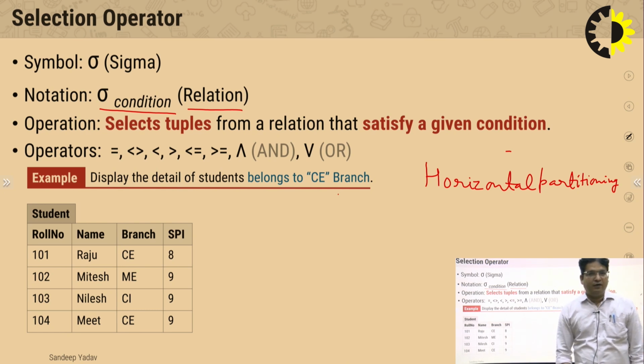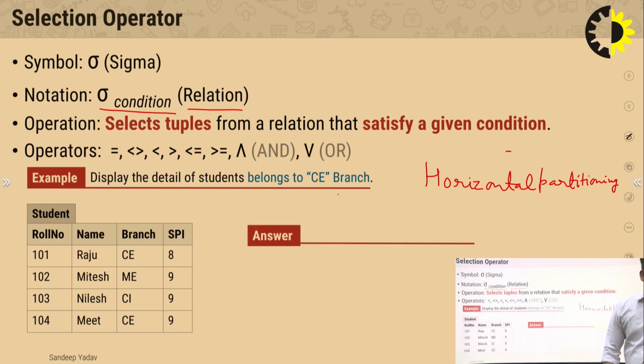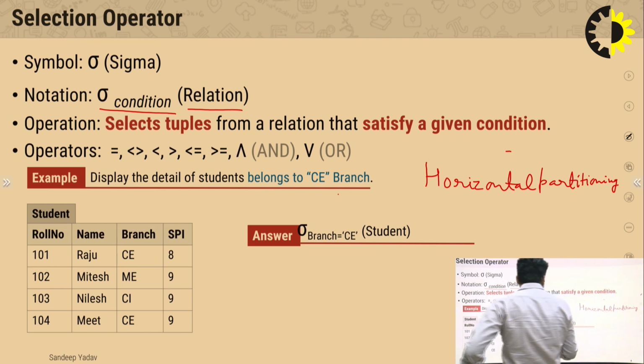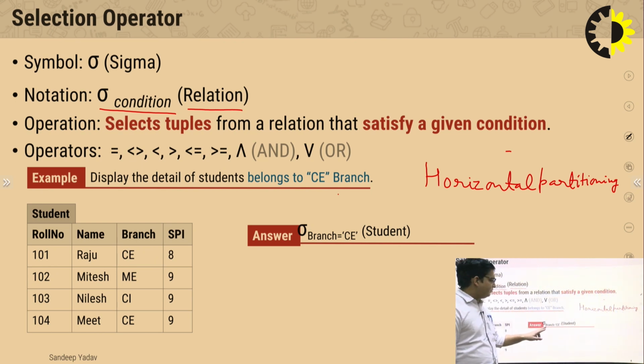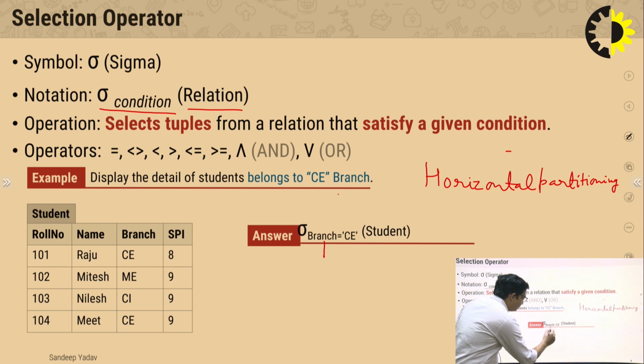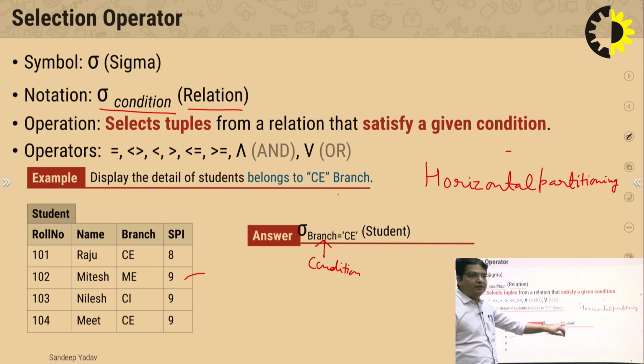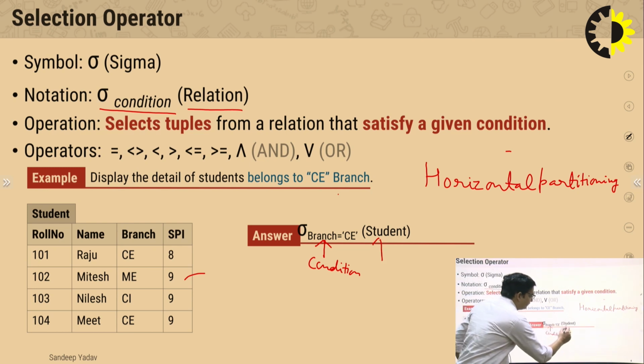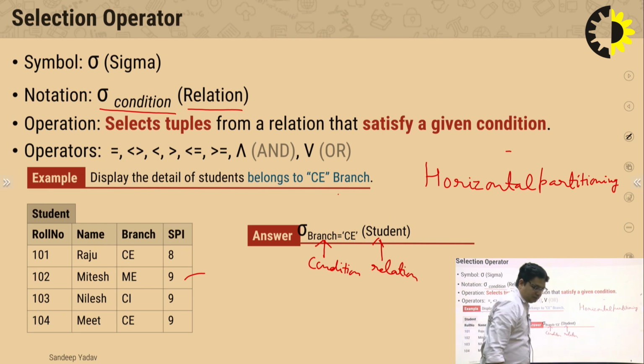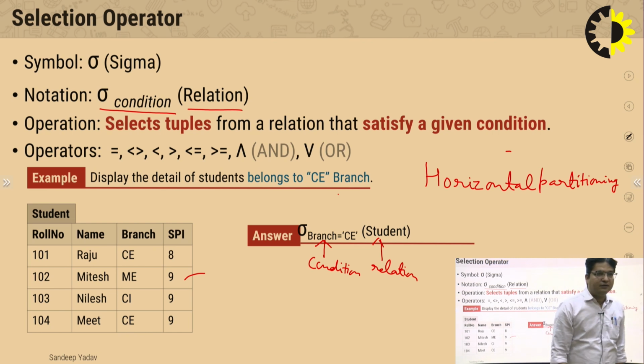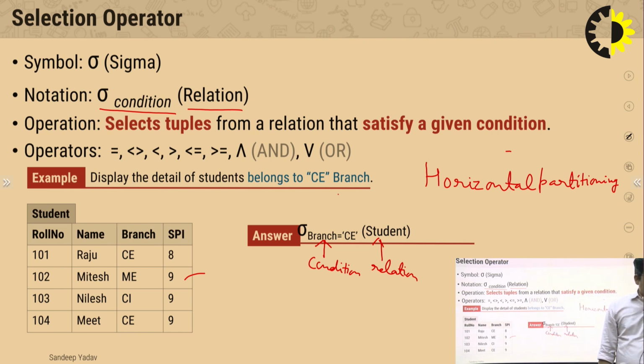Now we have to write down the query for that, that is sigma. In the subscript of sigma we have to specify the condition. The condition is branch equal to CE, followed by the name of the relation. This is the query in relational algebra.